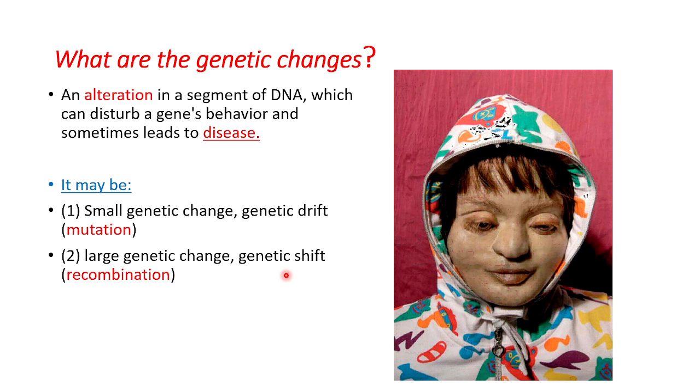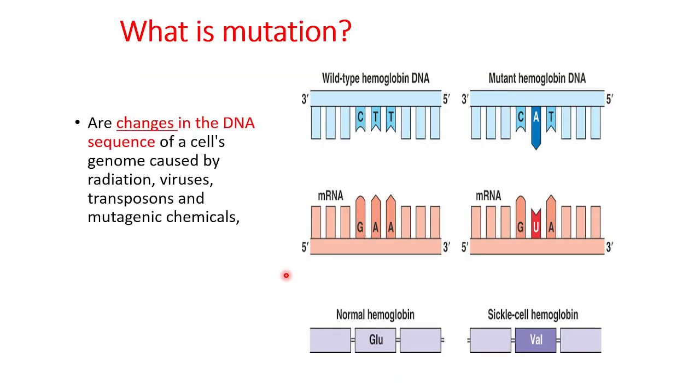So even the different types of diseases can be critical depending on the type of genetic changes which have occurred in that particular organism. Now what is mutation? So the first example that comes into our mind is that hemoglobin thing. So the hemoglobin DNA, where the glutamic acid is converted to valine, and then we see the sickle cell condition of these RBCs.